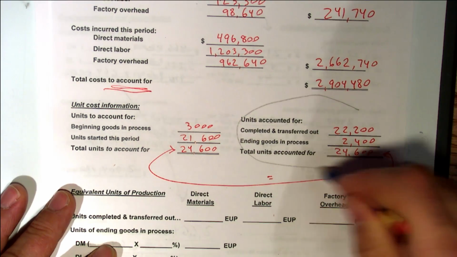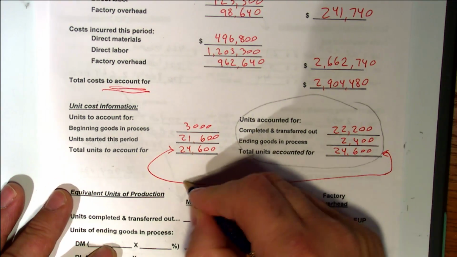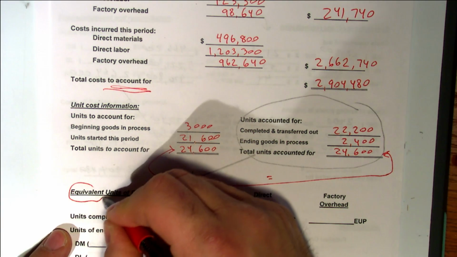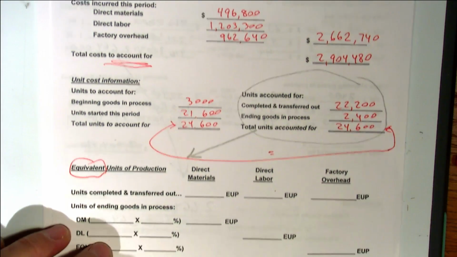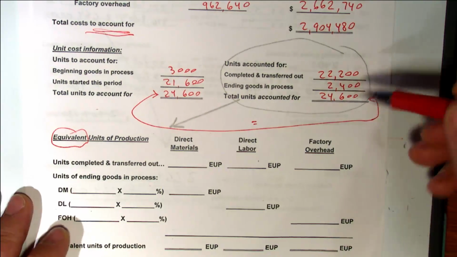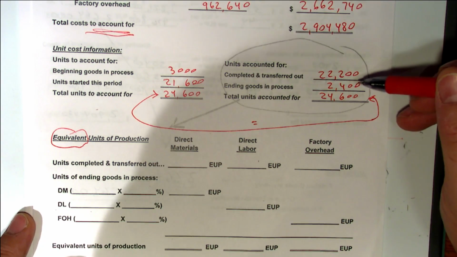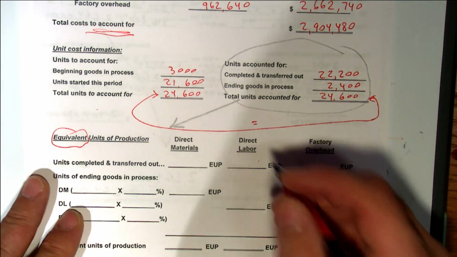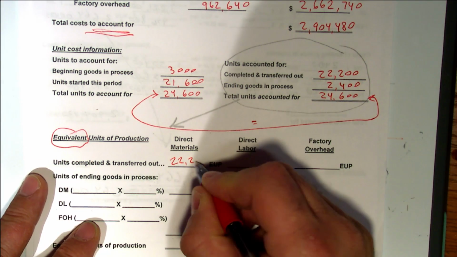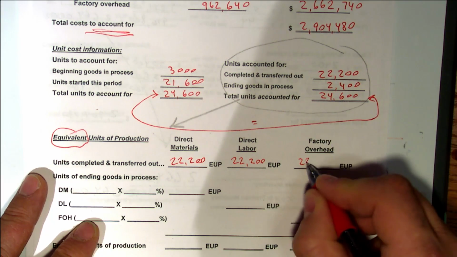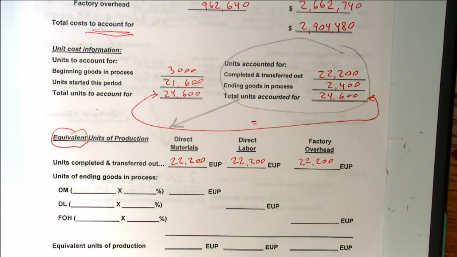Now we're going to take this information right here and figure out equivalent units of production. We know the goods that were completed and transferred out are 100% done, right? So this is 22,200, 22,200, and 22,200.